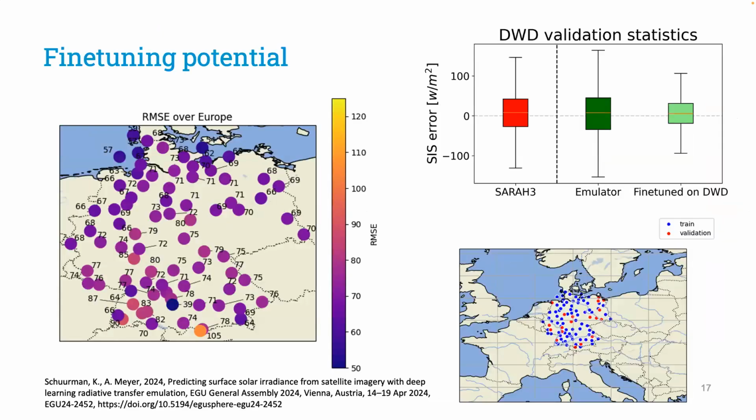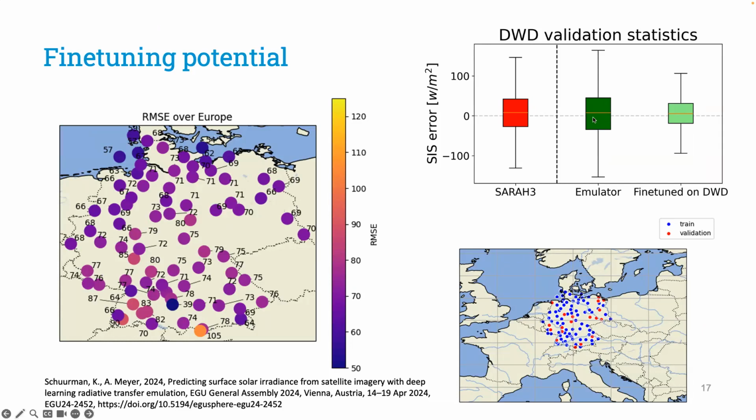We also looked into fine-tuning, so basically adapting this model to more specific locations. Maybe just look at the upper right plot. You can see here the root mean square error of the SARA3 global radiation with respect to the DWD stations.